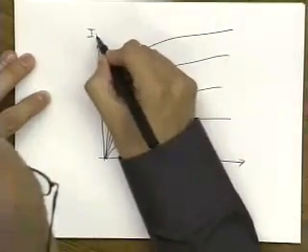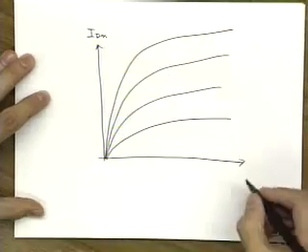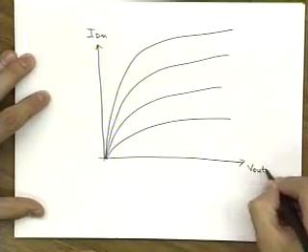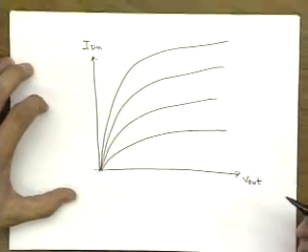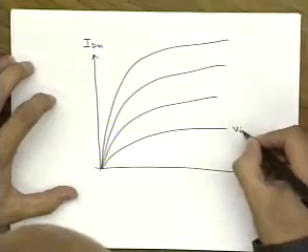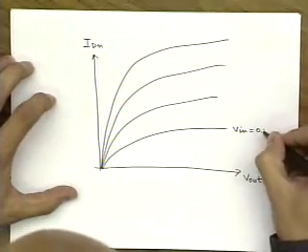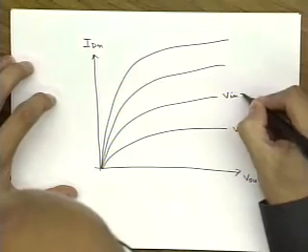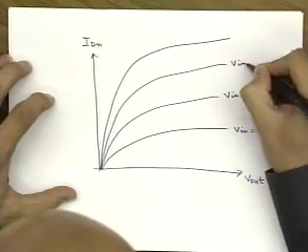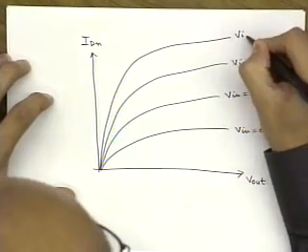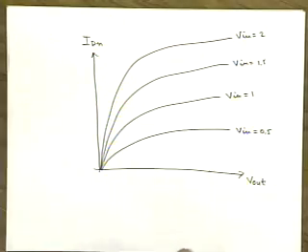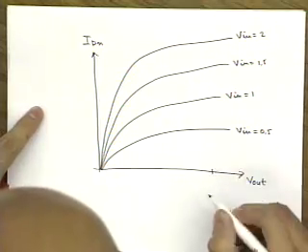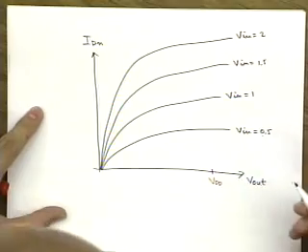So you have IDN versus V out. And now VGS for the NMOS is equal to V in, right? So you have V in is equal to 0.5, V in is equal to 1, V in is equal to 1.5, V in is equal to 2. Okay? And now for the PMOS, we have VDD over here.